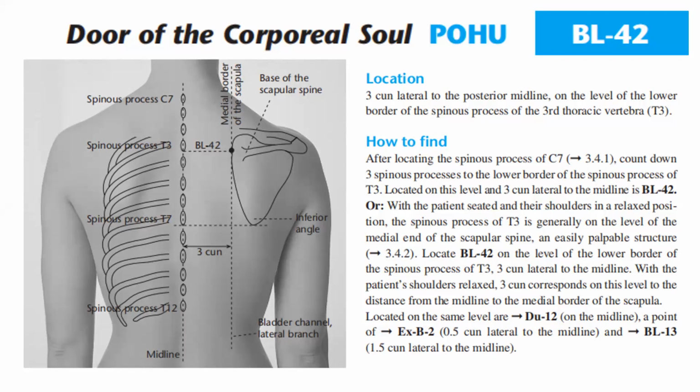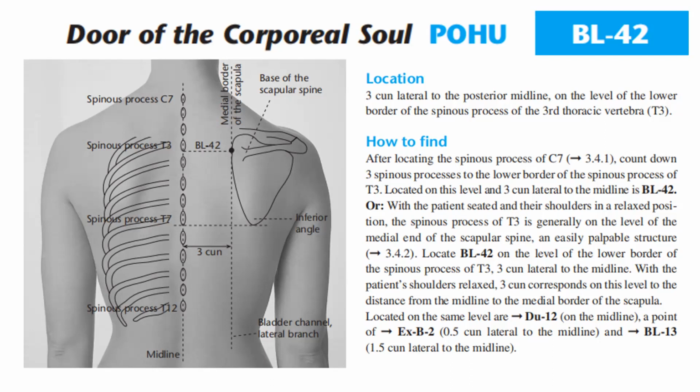Or with the patient seated and the shoulders in a relaxed position, the spinous process of T3 is generally on the level of the medial end of the scapular spine, an easily palpable structure. Locate Bladder 42 on the level of the lower border of the spinous process of T3, 3 cun lateral to the midline.